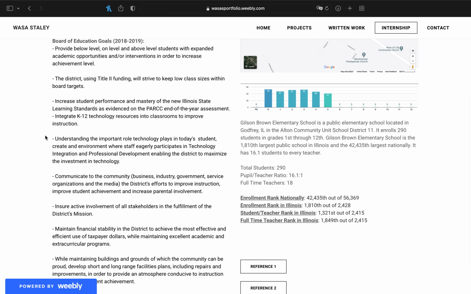And then I found a little blurb on the school and how it enrolls 290 students in grades 1 through 12. They actually only go to first grade, so it's pre-K to first grade. They used to be up to 5th grade, but they do not have the 5th grade, 4th grade, 3rd grade, or 2nd grade anymore.